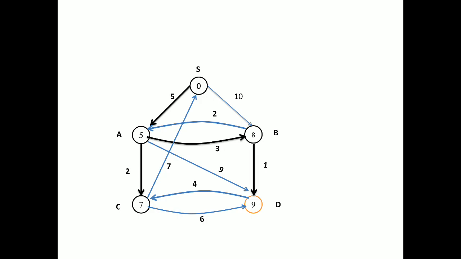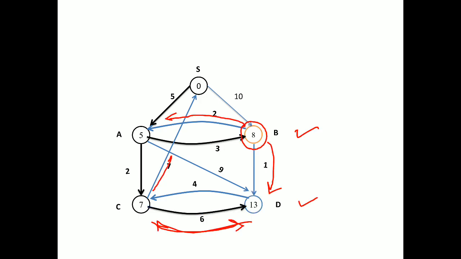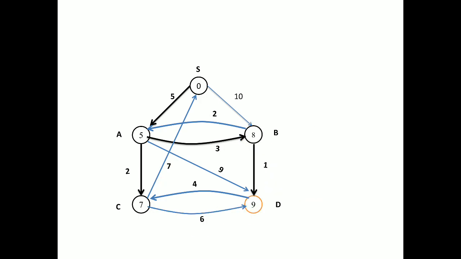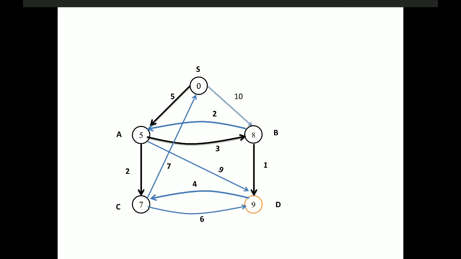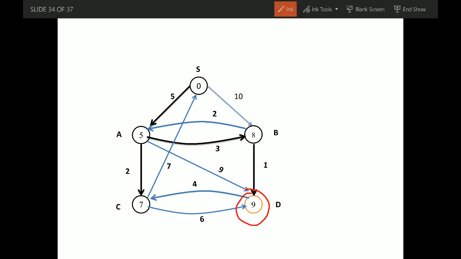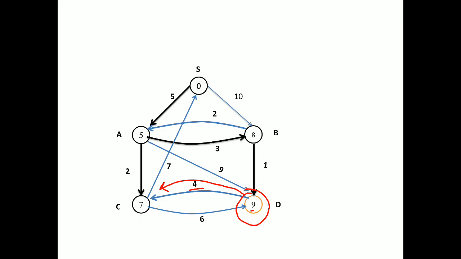So you can see the value of D is updated from 13 to 9, and the predecessor of D is now changed to B. And D is the last vertex that we have in the queue, and D is extracted, and for D we have only one edge, that is this. If we check 9 plus 4 is 13, and 13 is greater than 7, so we won't update the C value, and the process will stop.